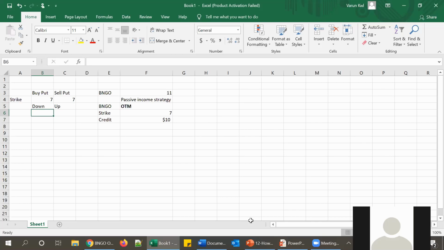Now, if Bingo does not, in this particular case, this is bearish, so he has to go bullish. Make sense? So this is how you will look at it.